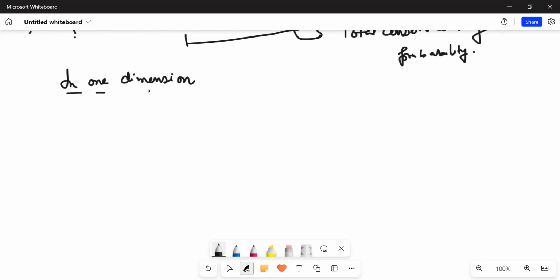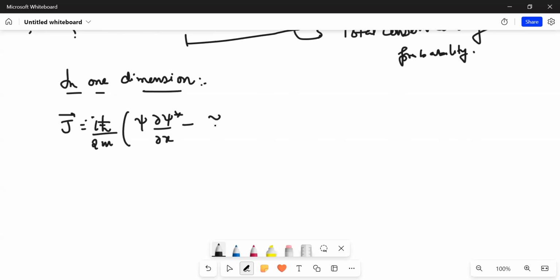I'll write it in this fashion. In one dimension, if I'm writing in the x direction, j vector would be equal to iota h cut upon 2m, and then you will have psi del psi star del x minus psi star del psi upon del x.